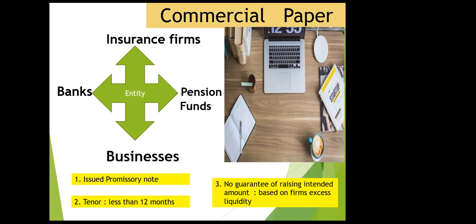So when you look at the commercial paper, this is something that falls for those immediate demand claims. Usually these commercial papers are issued on a short-term basis. So as an entity, you can issue it. The pension fund will be interested in it.